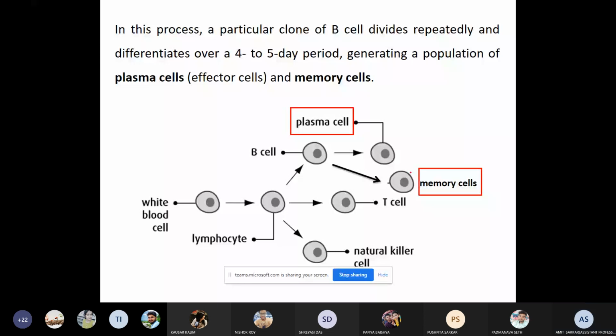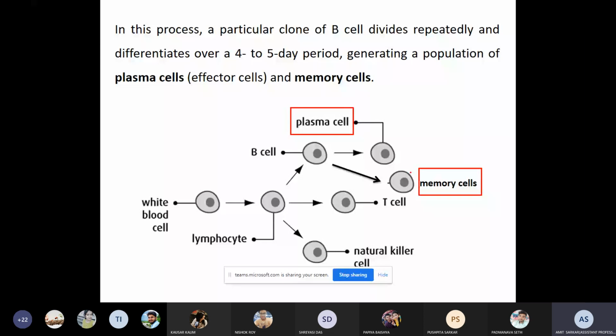But if I get infected by those organisms, I have my memory cells. Memory B cells will be able to recognize those pathogens within a very short period of time and take very prompt action. So I will maybe feel sick for a day or two and then I will recover. That is our whole confidence about vaccination. We will try to learn about vaccines at a much later point, if we have time.